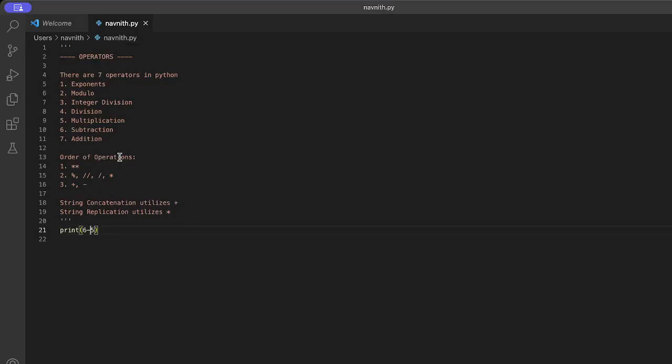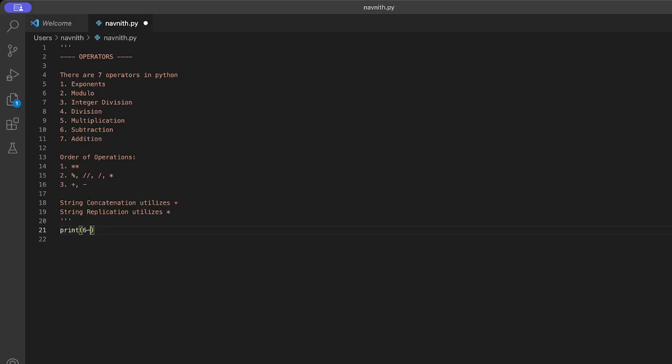There's something called an order of operations that you may have heard of in math class, but this also applies in Python. The order of operations states that exponents come first, then all the divisions and multiplication, and finally addition and subtraction.